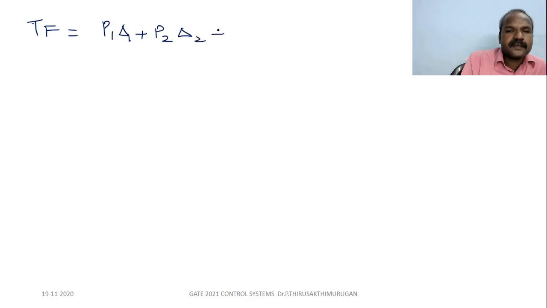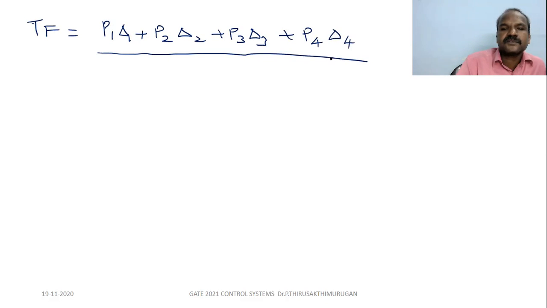So what is the transfer function? Transfer function equals P1 del 1 plus P2 del 2 plus P3 del 3 plus P4 del 4, divided by delta.